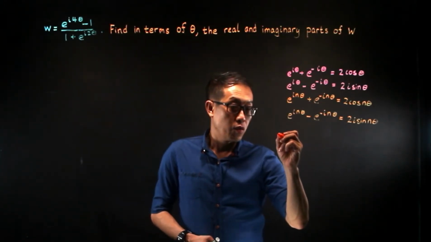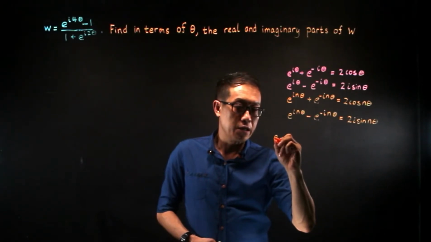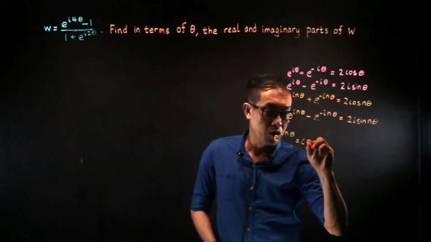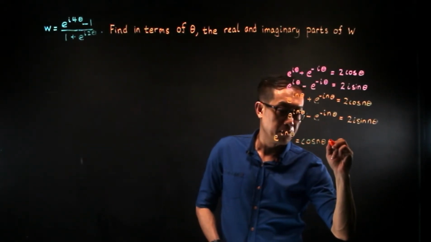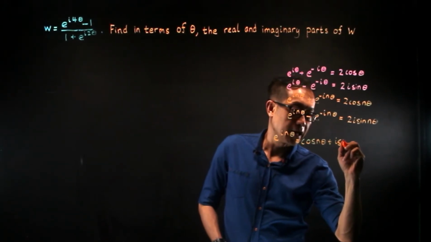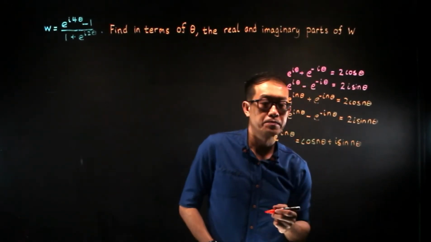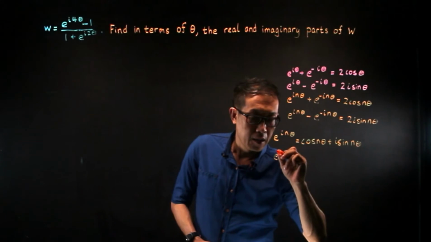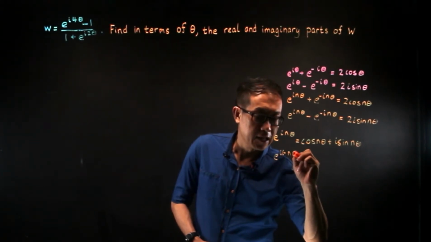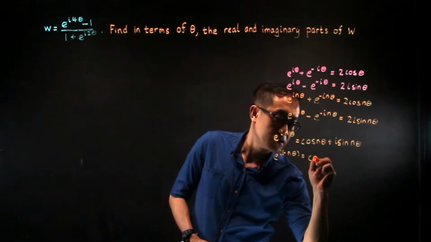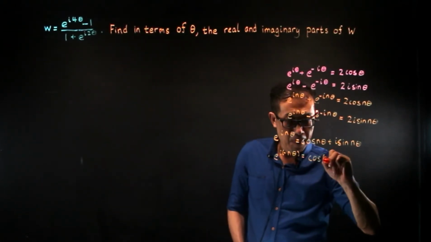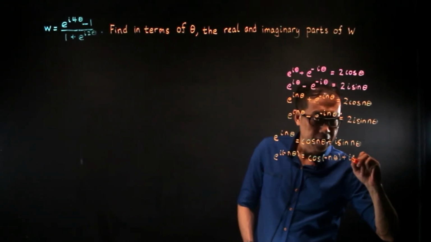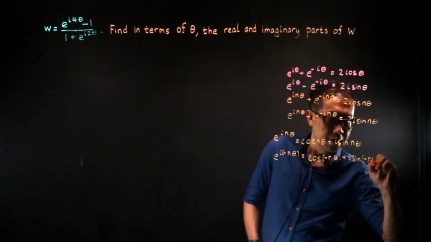Now, what is e^(inθ)? This is equal to cos nθ plus i sin nθ, and e^(-inθ) you get cos(-nθ) plus i sin(-nθ).